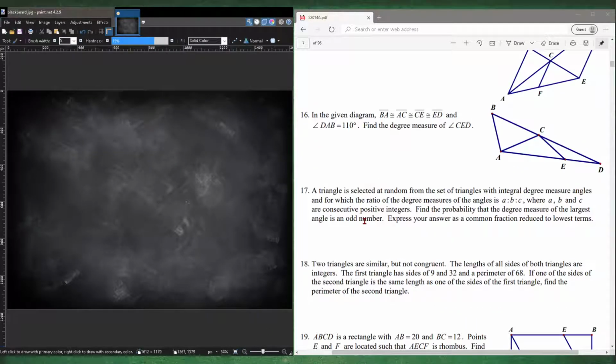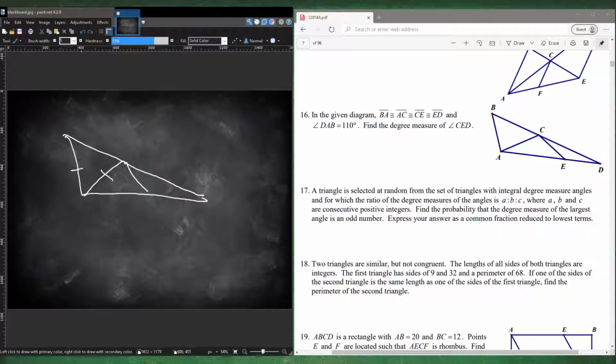Number 16. In the given diagram, BA, AC, CE, and ED are the same. Okay, so we have 1, 2, and this equals this equals this equals this. And DAB is 110.